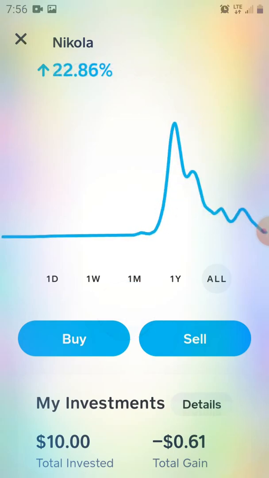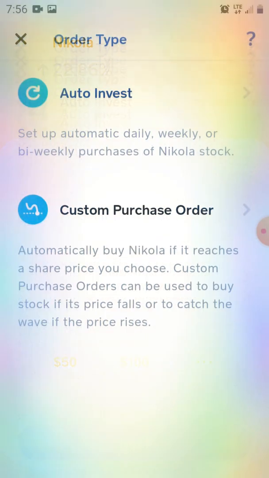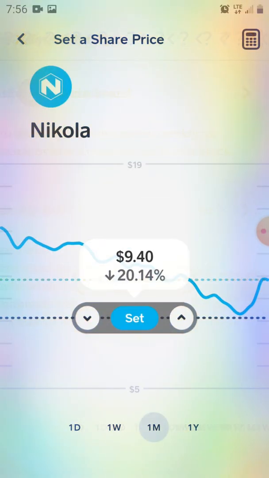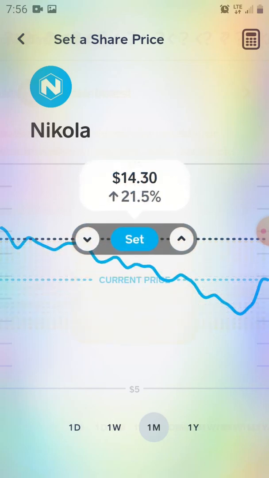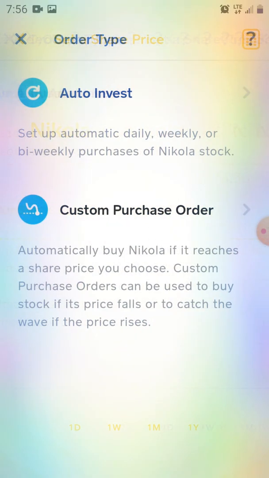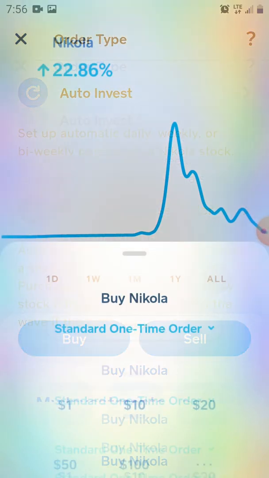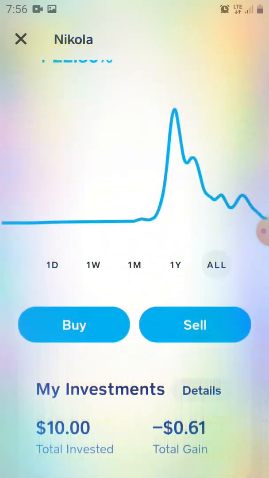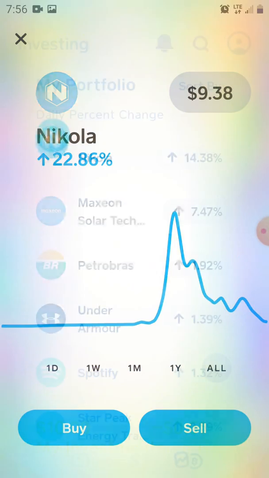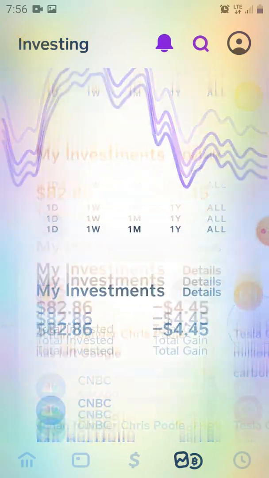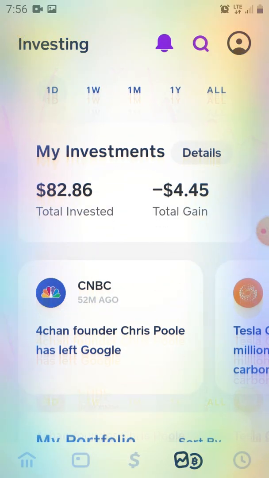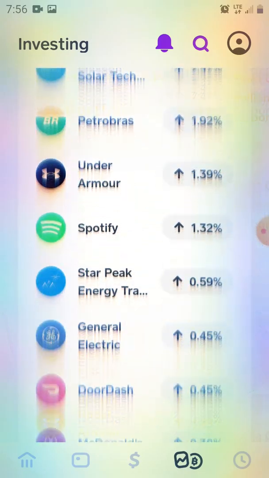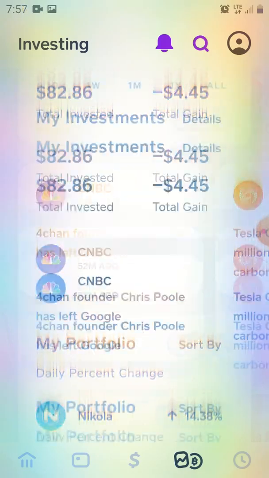I go right here and do a custom purchase order, and I can set my price, so when the market hits a certain price, I can automatically invest. Or I can sell if my stock hits a certain value and I'm not paying attention. So you can manage your stock portfolio even when you're not available. That's a good thing. You can have everything on autopilot.